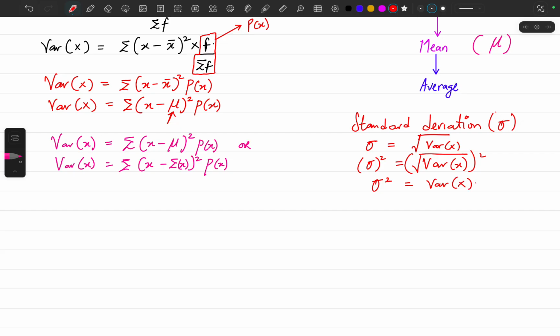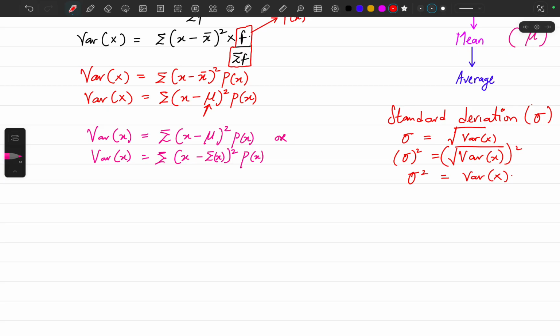So I could represent the variance of x by the symbol, whereby this is the standard deviation and this will be the variance. When you see the symbol square, that is the variance.